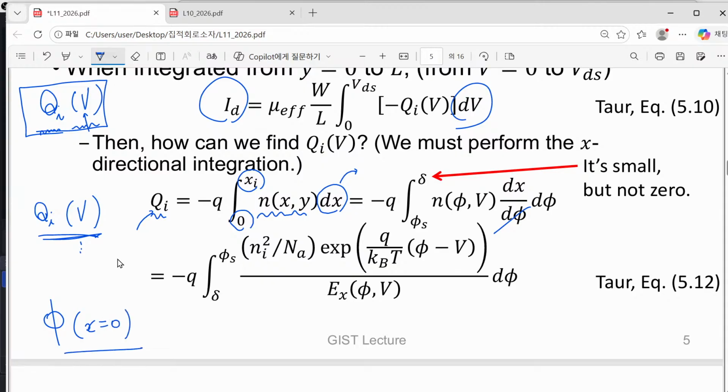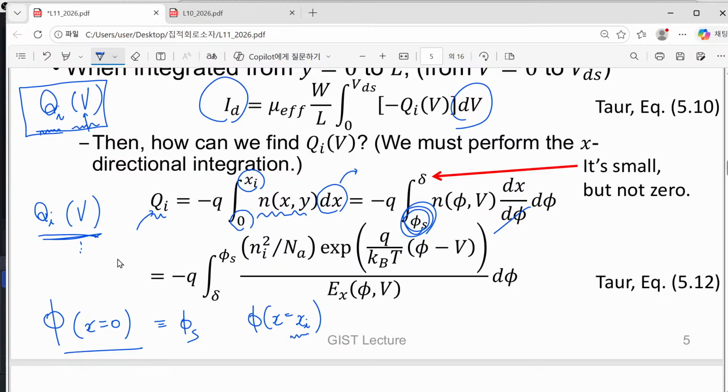That was defined as the surface potential. So now we have the surface potential.